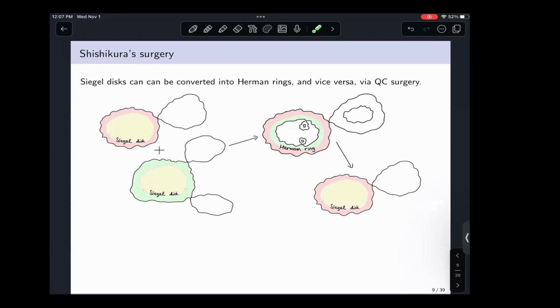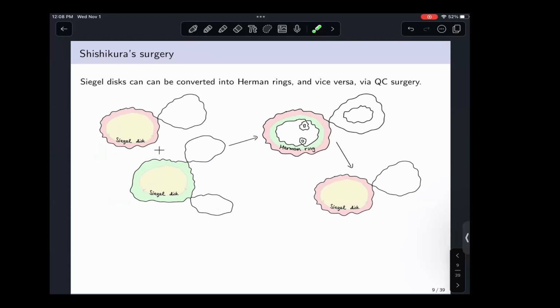So to give you a brief summary as to how it works, suppose you start with a pair of Siegel disks, so a pair of rational maps, say F1, F2. And then you assume that the rotation numbers are complementary. So one is beta, the other one is 1 minus beta.